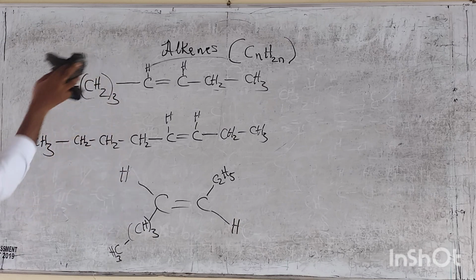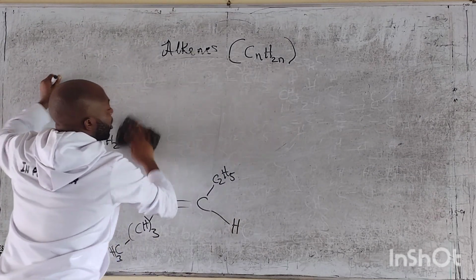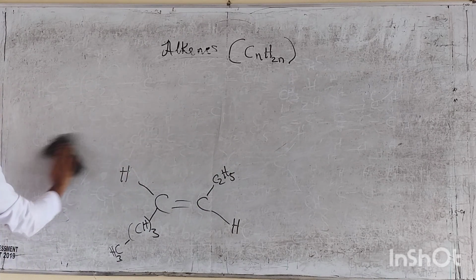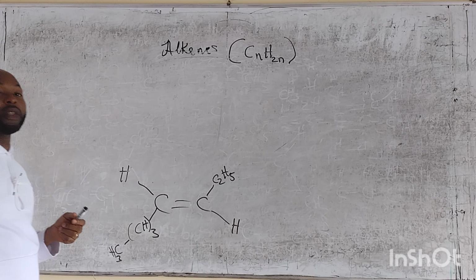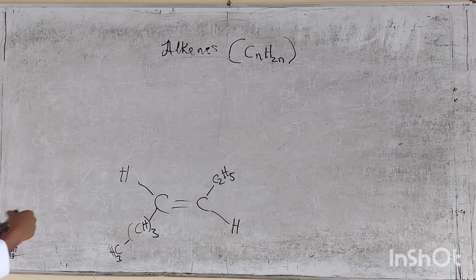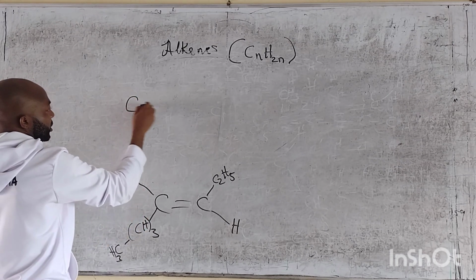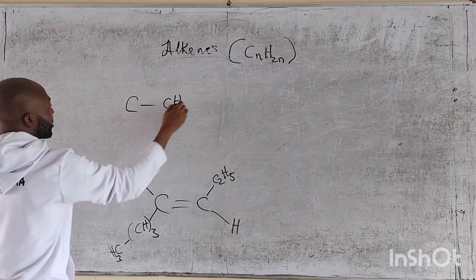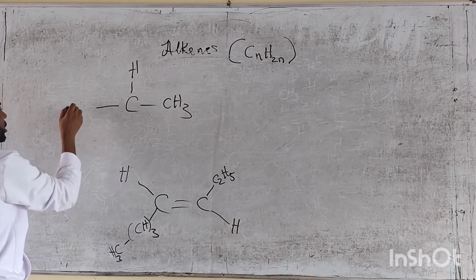Let's see what we do in terms of optical activity. All optically active compounds are able to rotate plane polarized light to the right, which is dextro. So we have a compound. This is CH3. This is hydrogen.